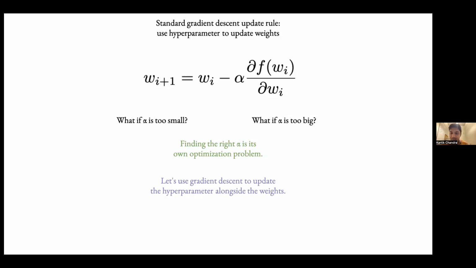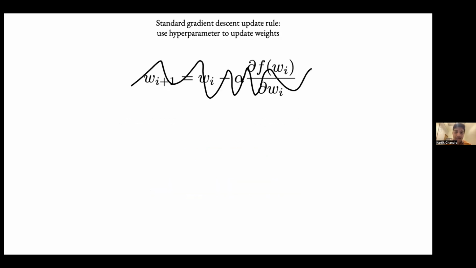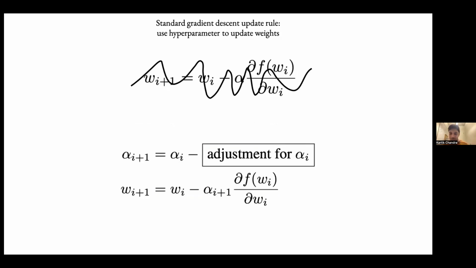Can someone who's on camera nod to confirm that you've heard everything I've said so far? All right, great. Okay, so instead of doing the standard weight update, let's do this souped up weight update, where first we update alpha, which is the step size, and then we update the weights using the new alpha.